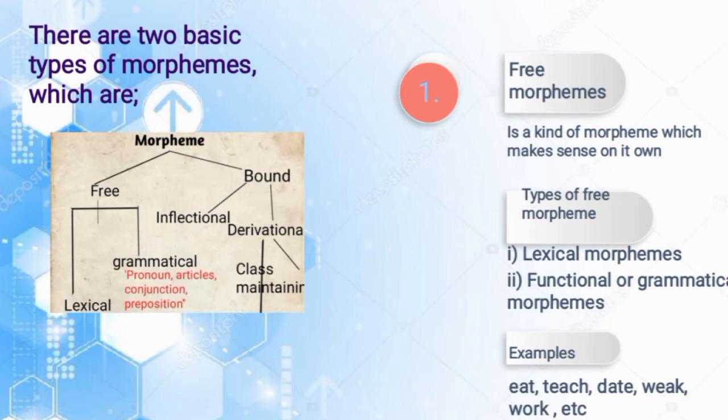A free morpheme is a kind of morpheme which makes sense on its own. Types of free morpheme: lexical morphemes and functional or grammatical morphemes. Examples: eat, teach, date, week, work, etc.